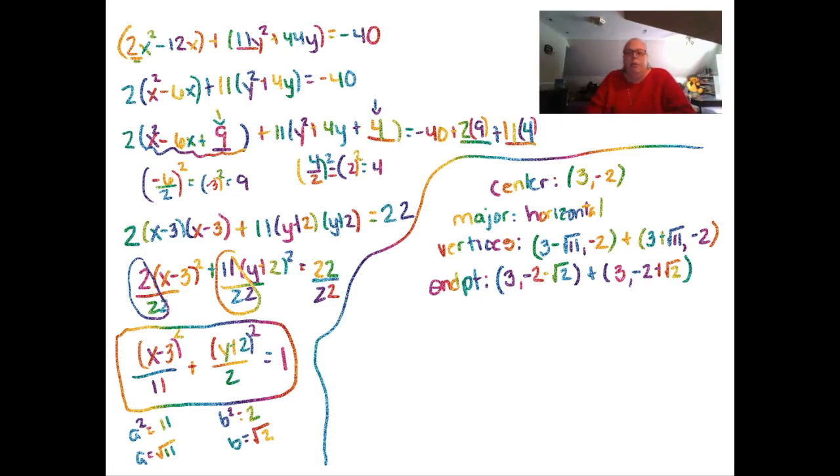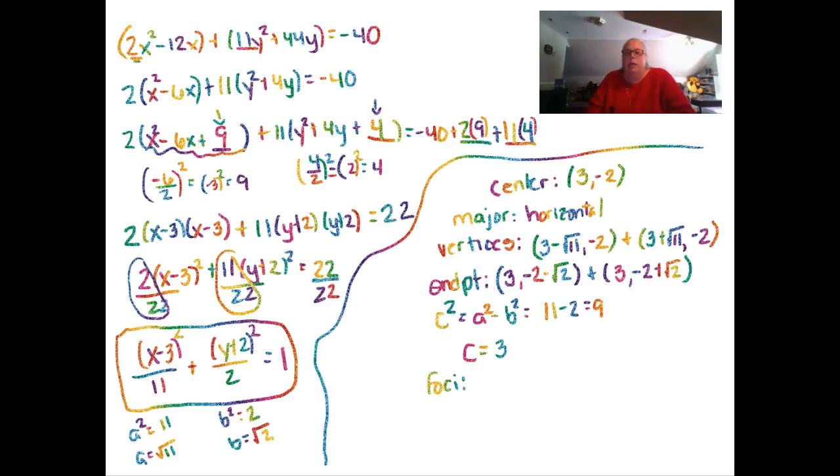All right, and we'll get the foci, but before we do, c squared, remember, is a squared minus b squared. So in this case, we're looking at 11 minus 2, which is 9, and that means that c is going to be equal to 3.